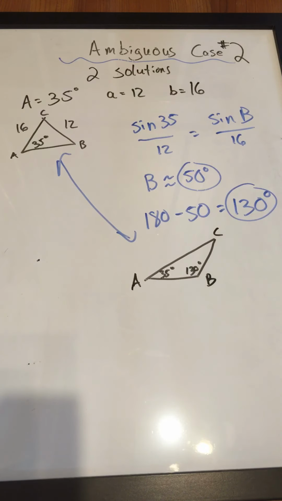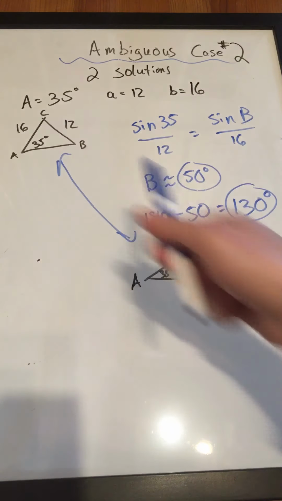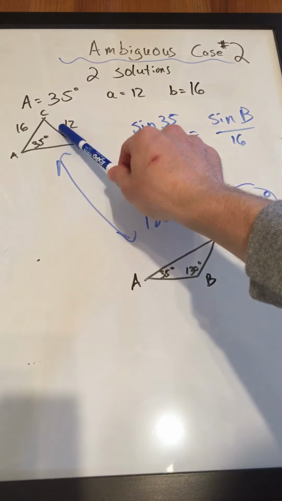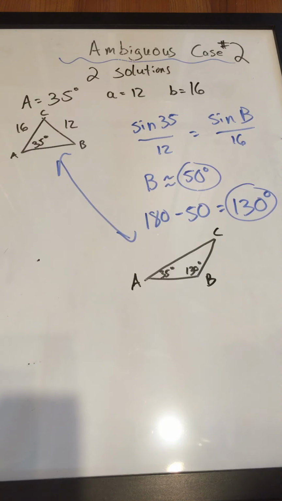Because we have two triangles, we are getting two solutions. Two solutions means two different triangles. So then I could go ahead and solve for angle C and side c in my first drawn triangle, as well as angle C and side c in my second drawn triangle. These are the two solutions, okay?